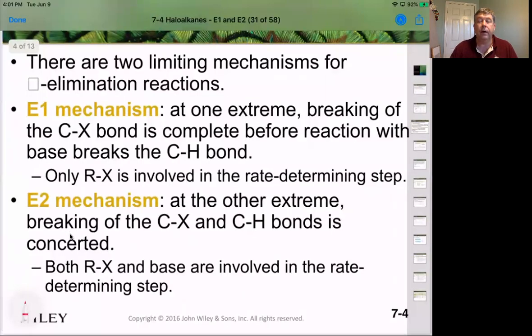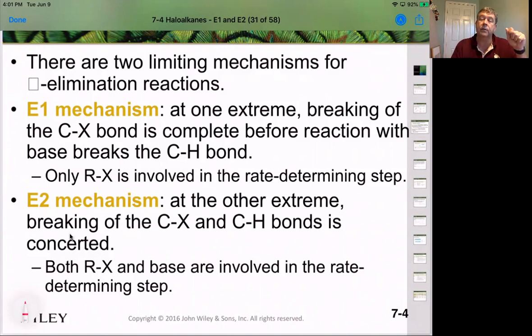There are two limiting mechanisms in beta elimination, just like there are in the nucleophilic substitution reactions. There's an E1 mechanism where we actually break the carbon-halide bond first, forming a carbocation. And then there's the E2 mechanism. That's where we're pulling the hydrogen off.